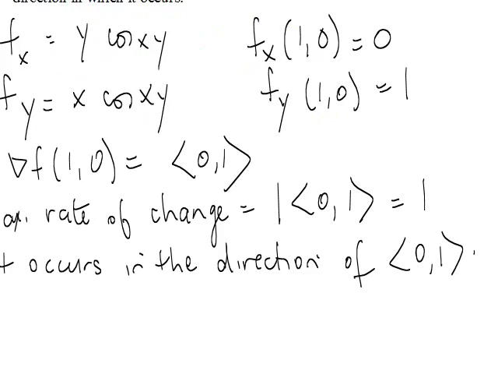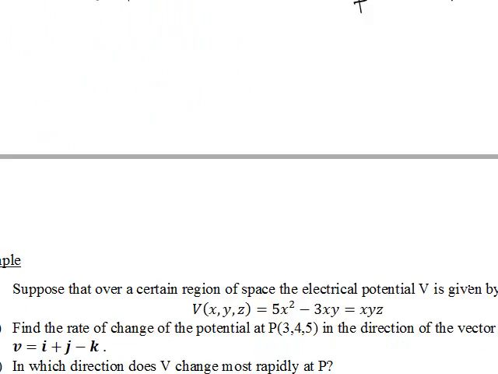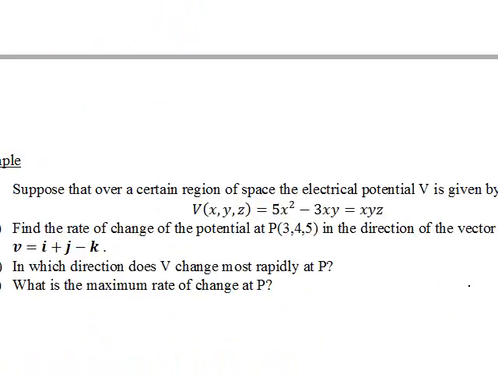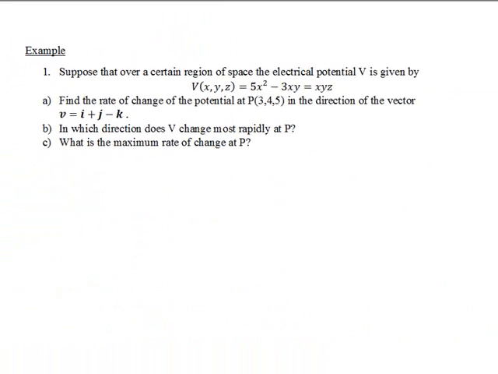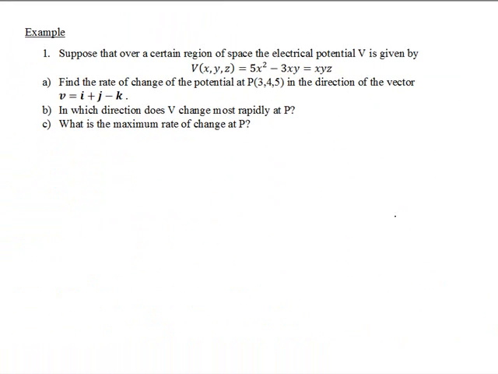Okay, let's move on. We're going to do some applications now. Let's bring it all together. Suppose that over a certain region of space, the electrical potential V is given by V(x,y,z) equals 5x squared minus 3xy plus xyz.